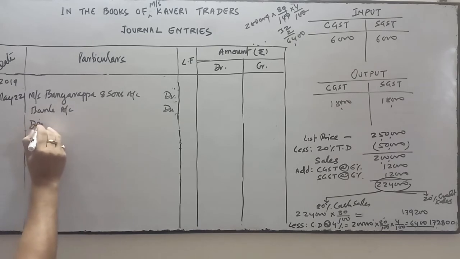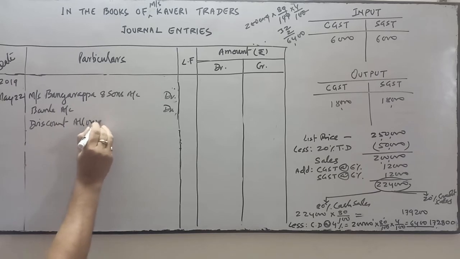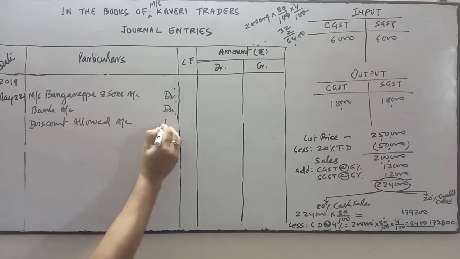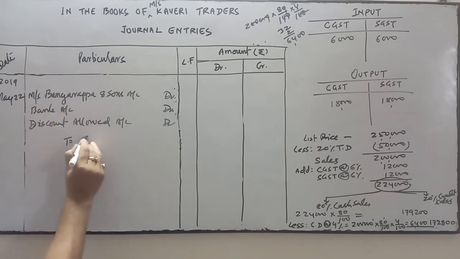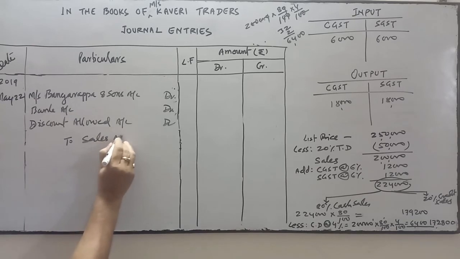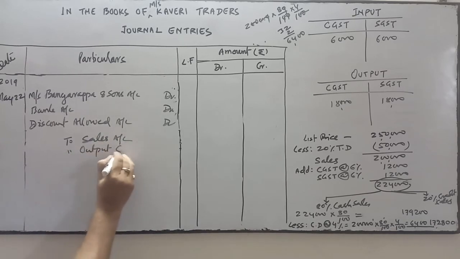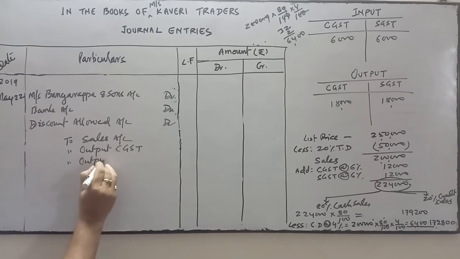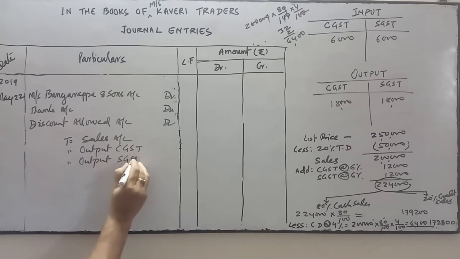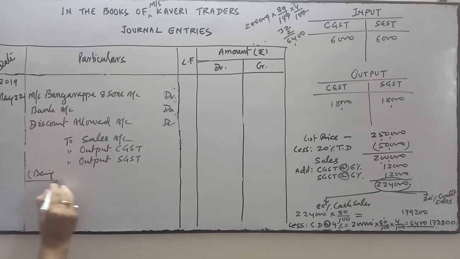Discount allowed account debit. To sales account, to output CGST, to output SGST. Thereafter we will write the narrations.